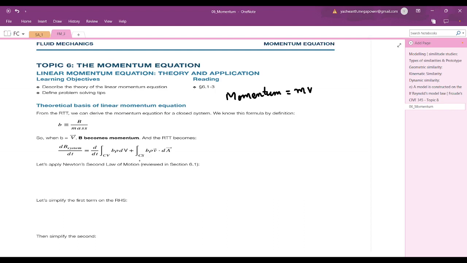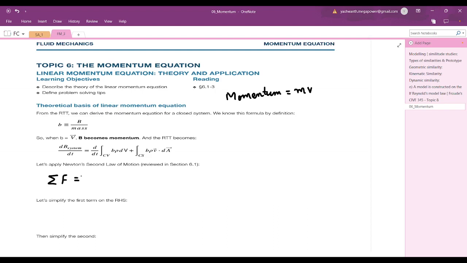Then we can make use of Newton's second law of motion. What is Newton's second law? The rate of change of momentum is equal to the external force acting. Hence the very same thing can be written, where the summation includes all the forces that are acting.